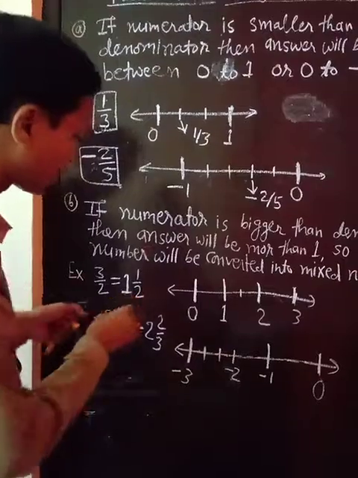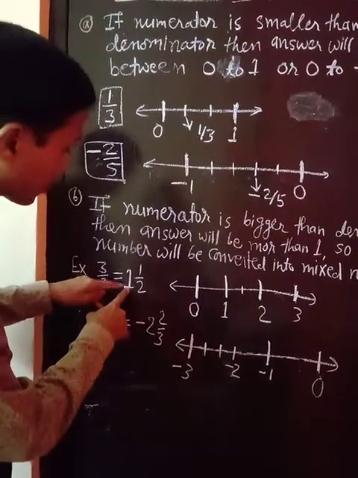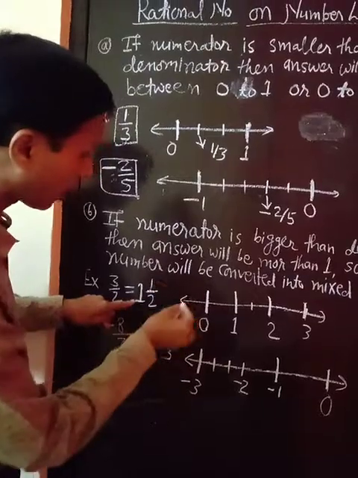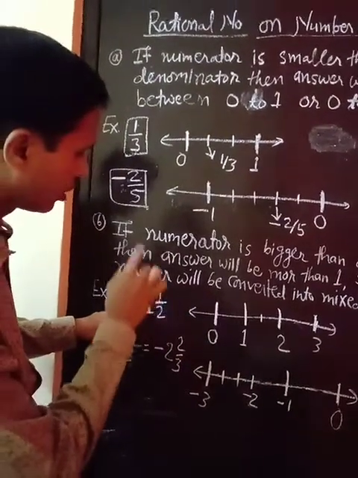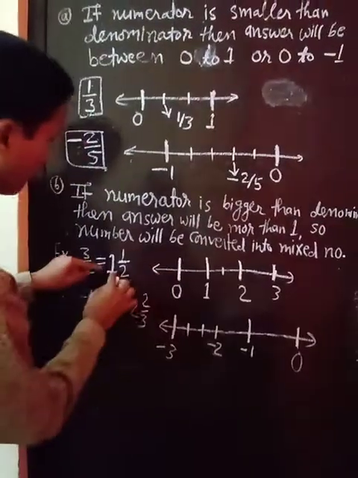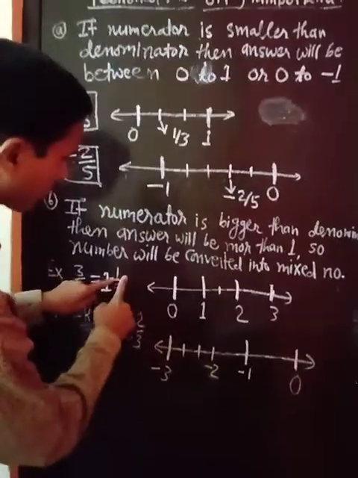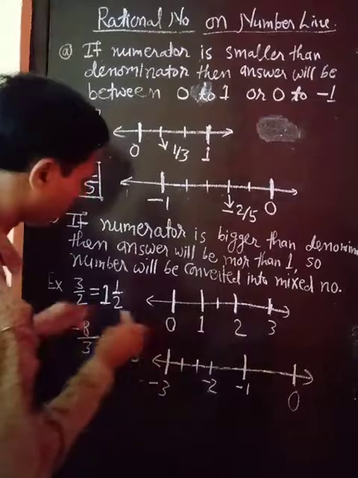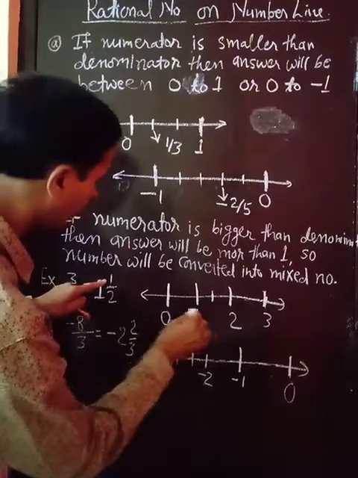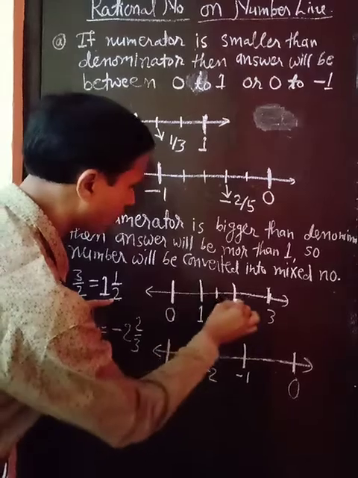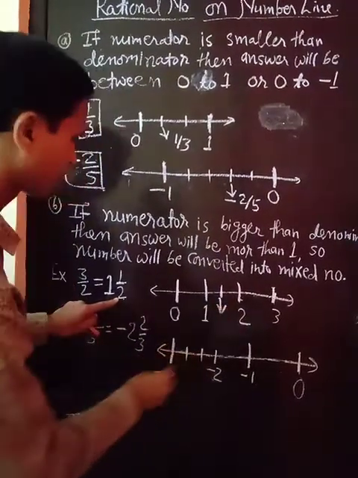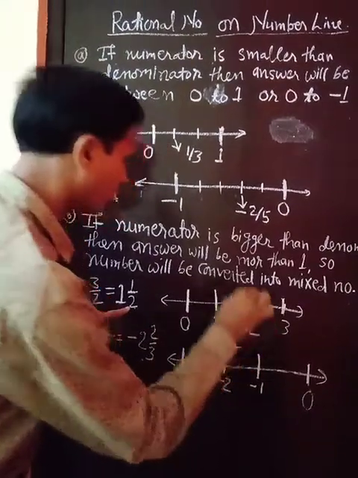So it shows that our answer will be after 1, between 1 and 2. After 1 we will mark, and this half will be represented between here. Between 1 and 2 divided into 2 equal parts, and the first is our answer, 1 and 1/2.